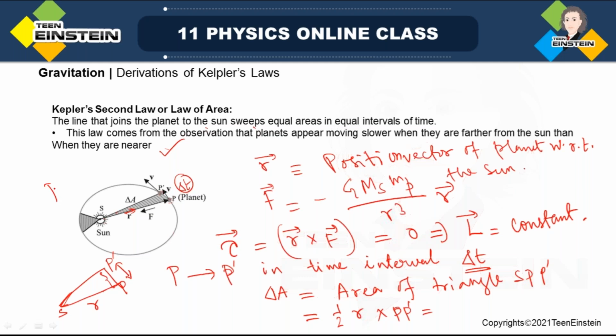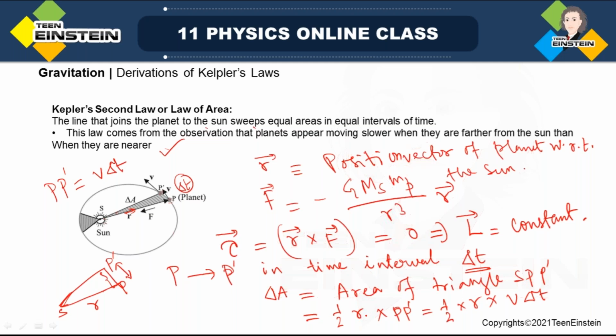So what will be the distance P P prime? We know it will be v into delta t. So this is half into r into v into delta t.